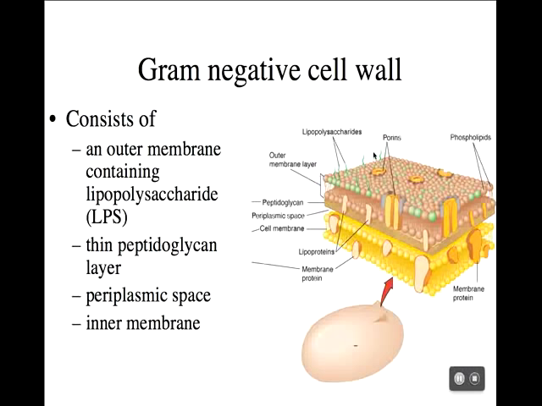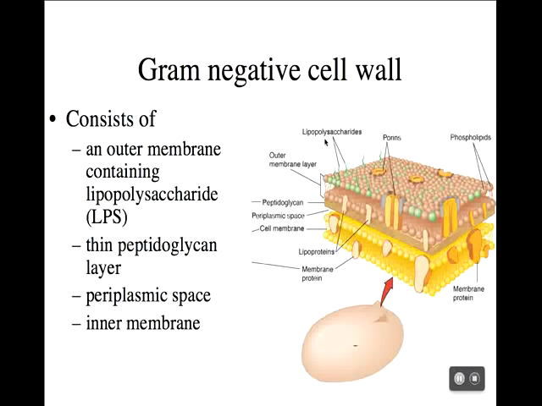The space between the membranes is the periplasm. Thin layer of peptidoglycan going down the center of the periplasm. No teichoic acids, but it does have lipopolysaccharides in the outer membrane. And it turns out that the LPS will act as a toxin, so it is toxigenic to humans, the lipopolysaccharides.